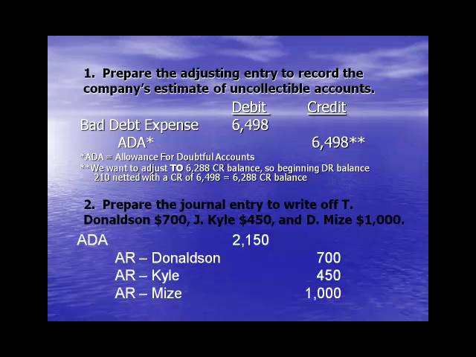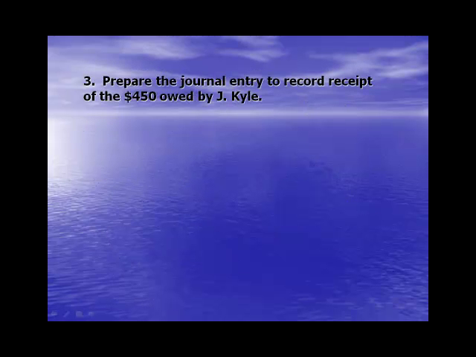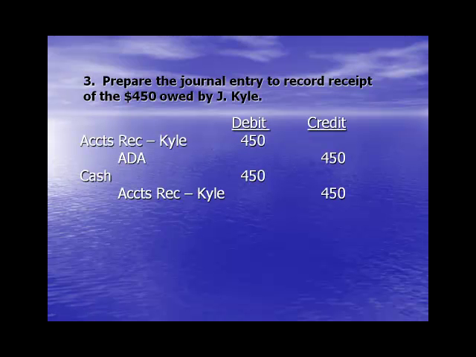Now, we have a situation where we wrote off the accounts receivable for J. Kyle, and now he's actually paid us the $450 that he owed us. Well, we have to reinstate that receivable again.